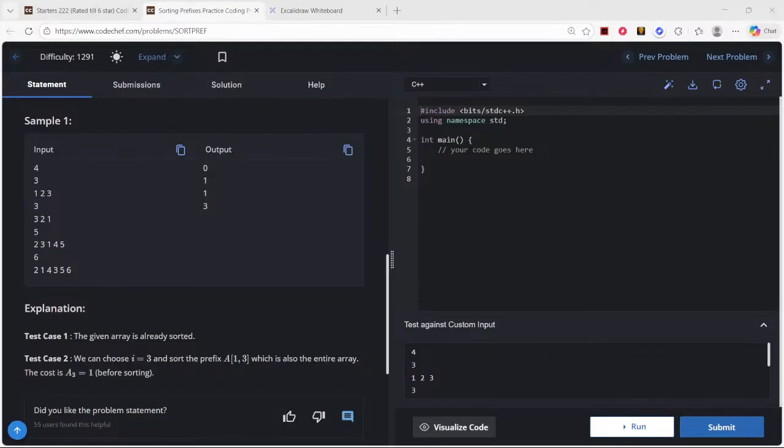Look at this sort. Are we doing it in C++ or in Java?